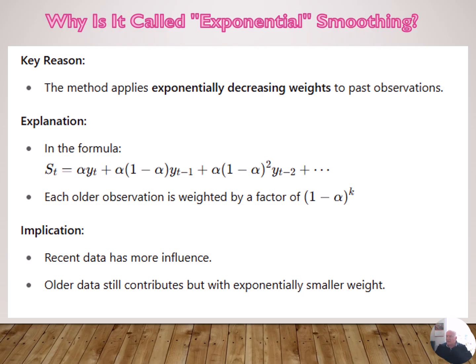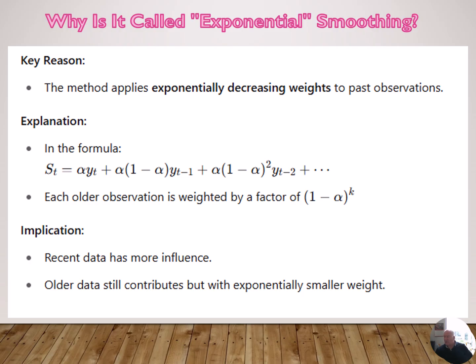In essence, the formula is that our predicted variable will be alpha times y of t, plus alpha times (1 minus alpha) times y of t minus 1. So this is the previous time step, and then 1 time step back, and then 2 time steps back.